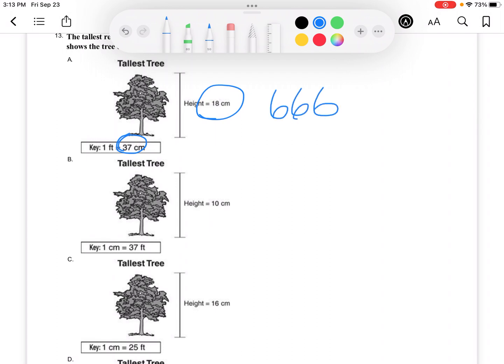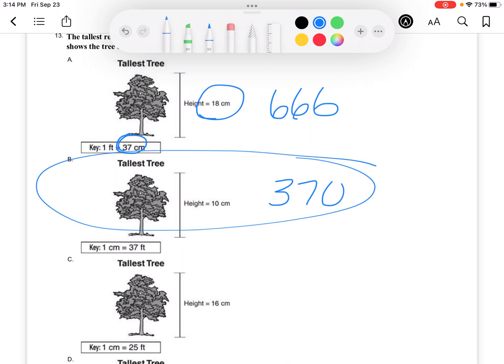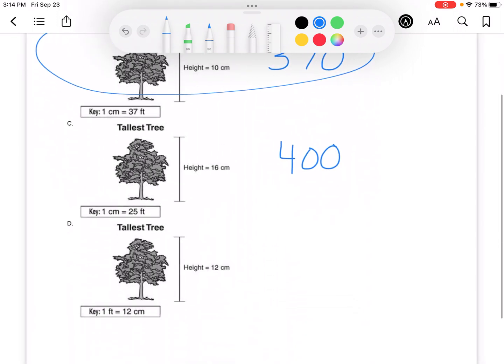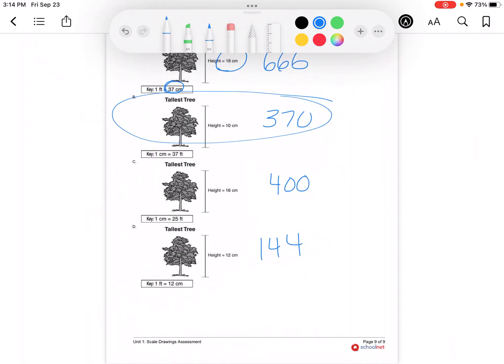So that's not right. I'm going to do 37 times 10, and I get 370. So B was correct. 25 times 16, I get 400. And the last one was 12 times 12. Well, I can do that one in my head. 144. So that's why the answer was B.